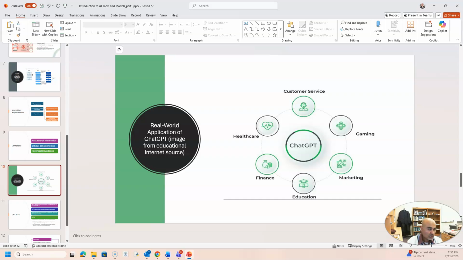It can be used as personal assistance. It can be used for advanced language learning. It can be used in synthesizing vast amounts of literature. So I think the future is really bright for these AI tools.